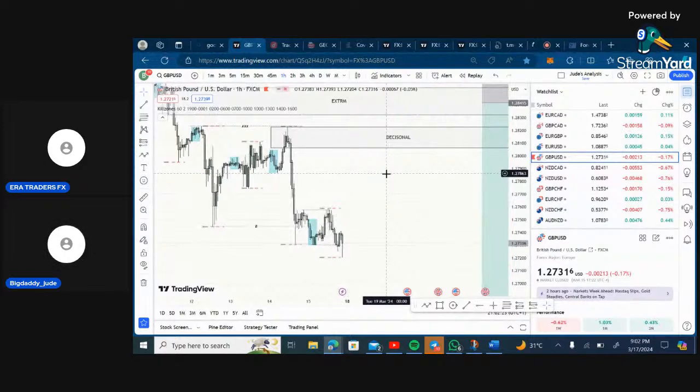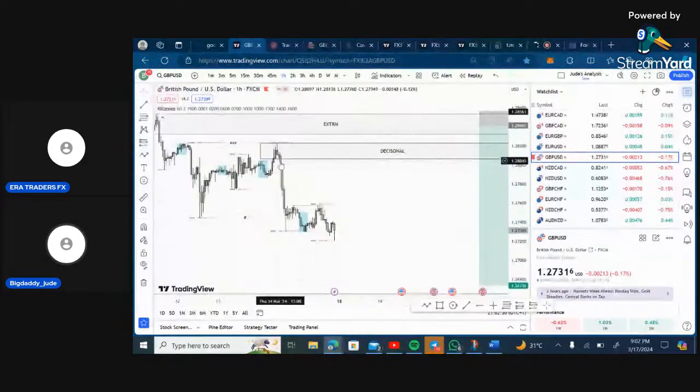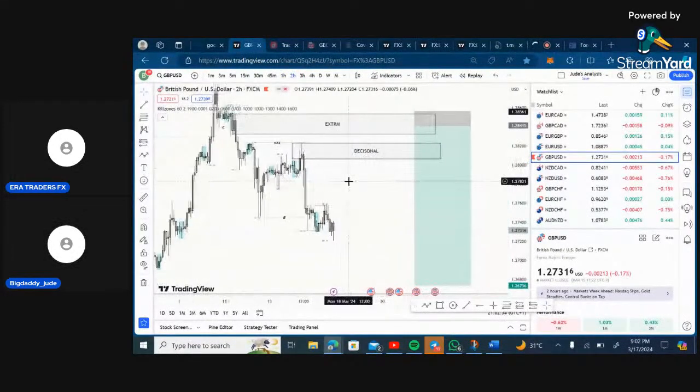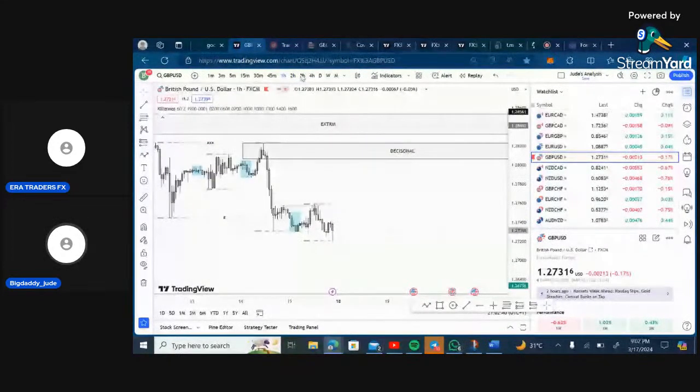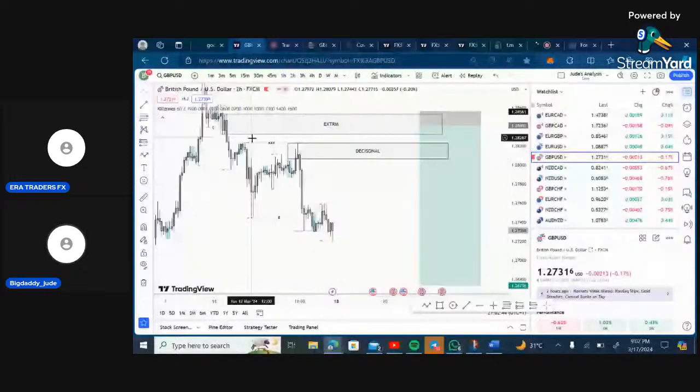So if you see a nice confirmation around here, you want to enter for a short around this zone. But I'm still confident about this extreme because of that fair value gap, right? Even on the 2 hour, it's still there, but it's now very small. So, although I'm still confident about it.